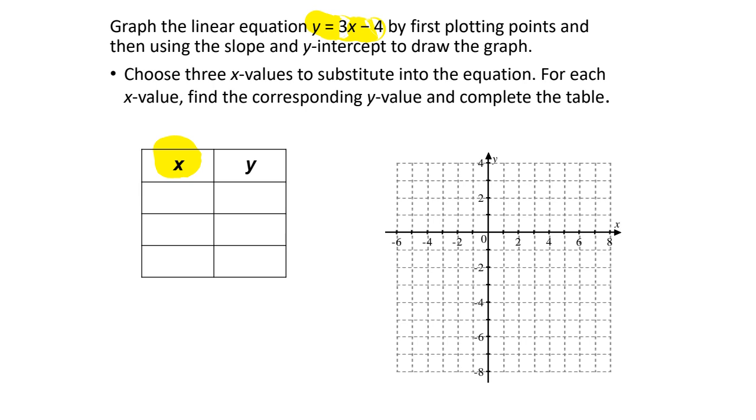We're looking for an x-intercept, which means I need a number for x when y is 0, and then I need a y-intercept. This 0 in the y column is the x-intercept. The second row is my y-intercept. And those are the 2 points I'm going to graph on this line.